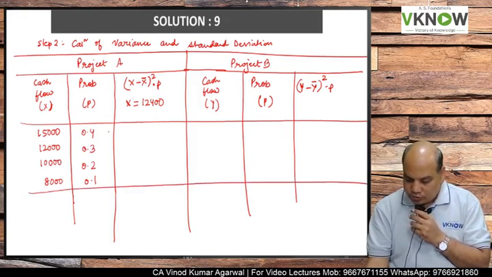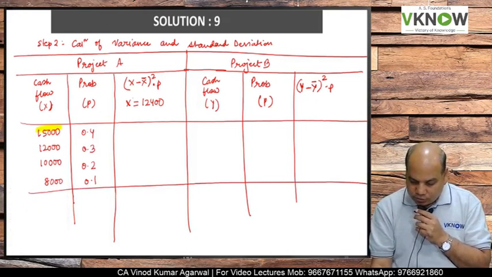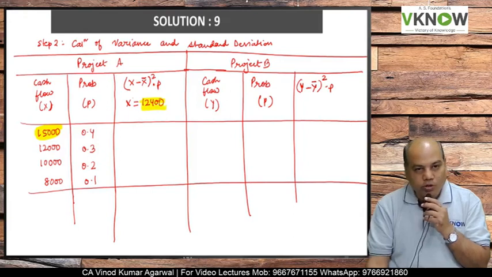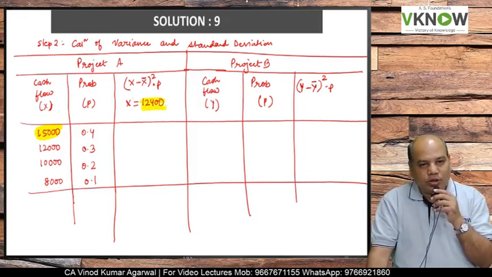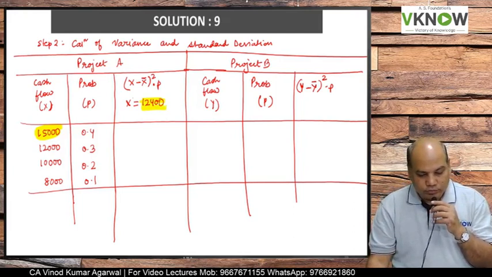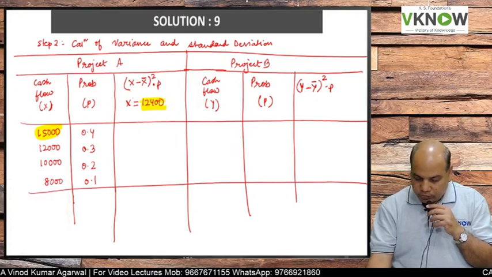So how do you get this column? I will help you. 15,000 type on calculator minus 12,400 into equal to into 0.4. So you are getting 27 lakh 4,000.